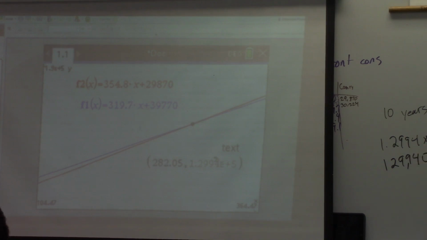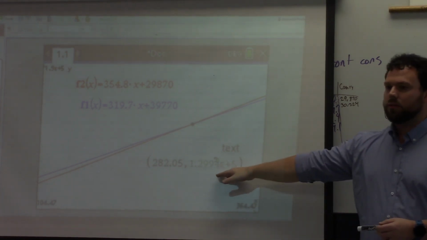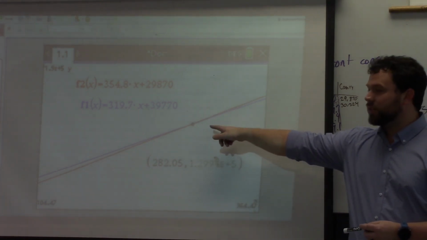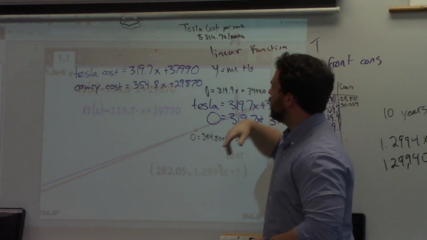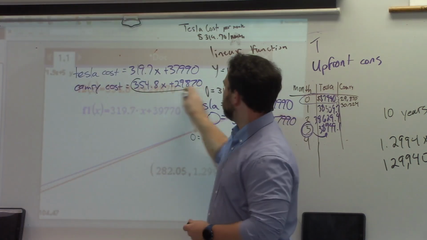But here's the thing, and I need you to hold on to this for tomorrow. It was a pain in the butt trying to go through finding that point of intersection, wasn't it? Yes. But what do we notice about this cost? At this point of intersection, the cost is the same. What is this representing here?